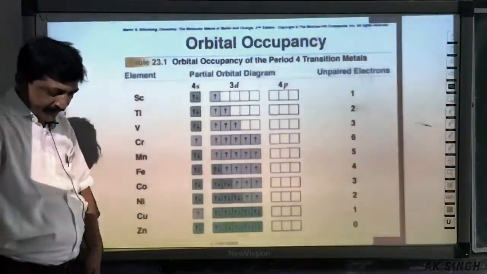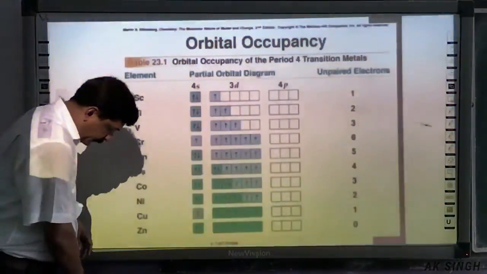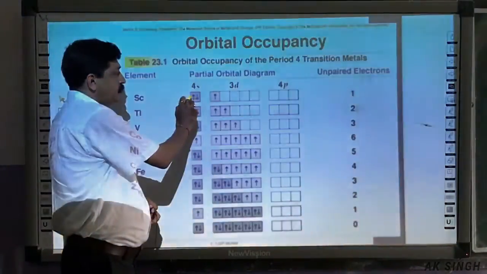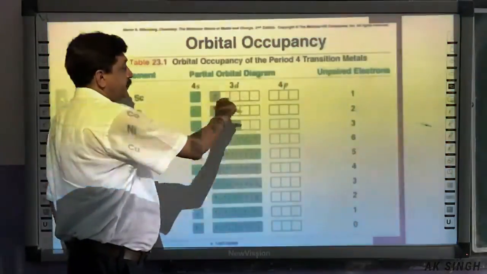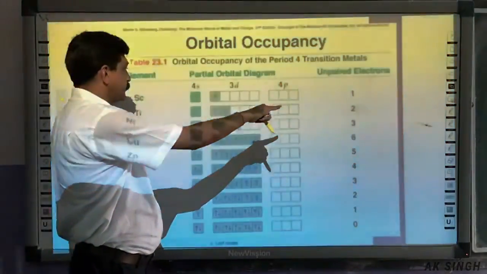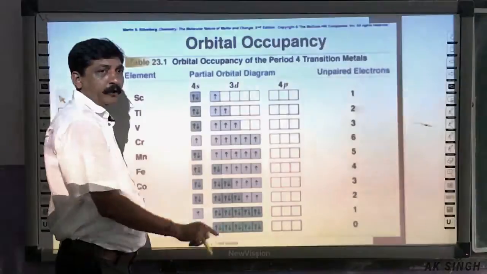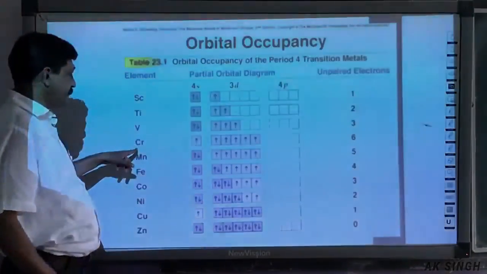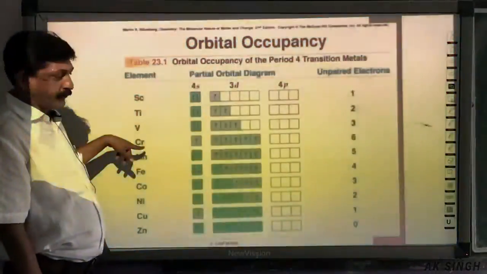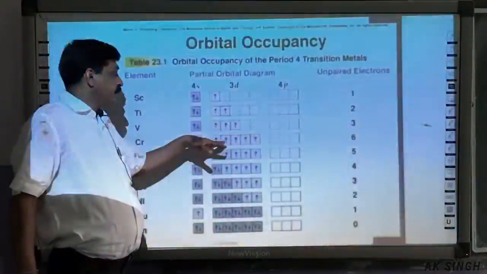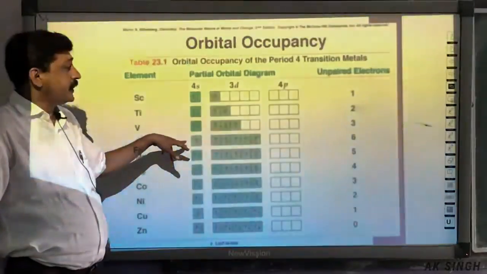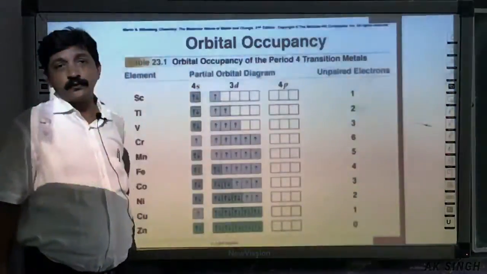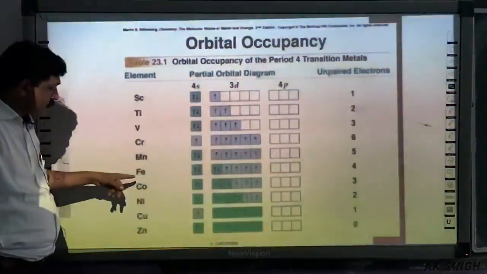The orbital occupancy of d block you have studied in the previous chapter. Scandium 3d1, 4s2, and this one electron is the unpaired electron, and the remaining orbitals are vacant. Likewise, titanium, vanadium, chromium. Chromium, you know the exact half-filled configuration, 3d5, 4s1, and just see the maximum number of unpaired electrons. It goes on to Fe.